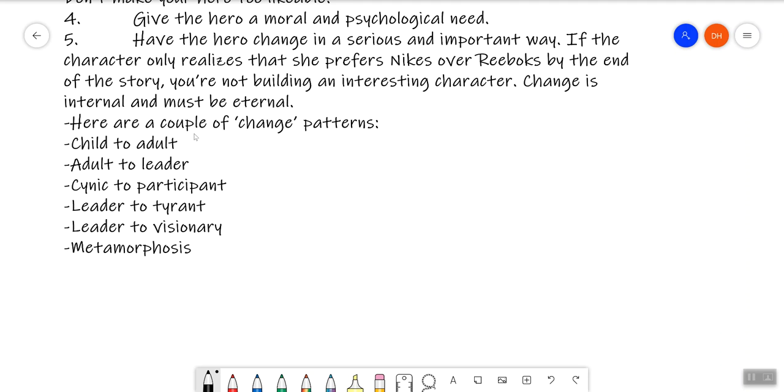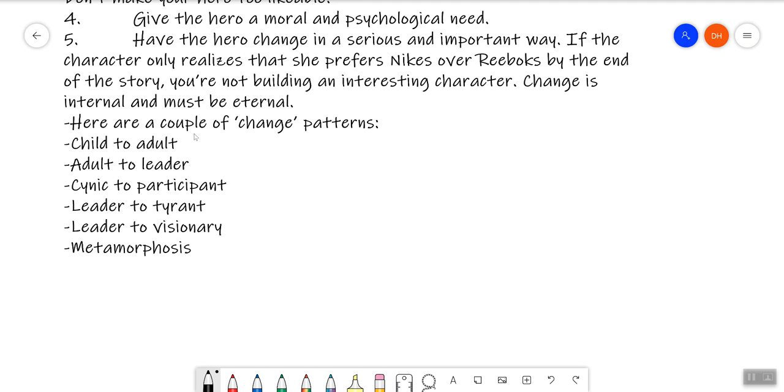Okay, it could be cynic to participant, somebody who is skeptical. Now this can work in both ways. Let's say we have somebody who is, let's go cynic to participant, somebody who is without religious faith becomes, in the course of the story, a person of faith. Now, we can reverse that too.